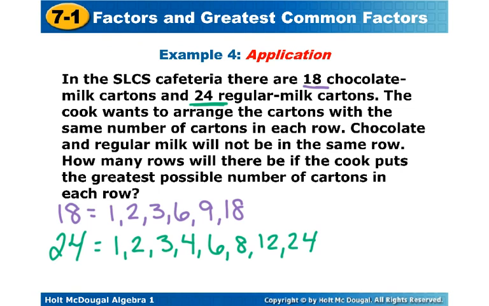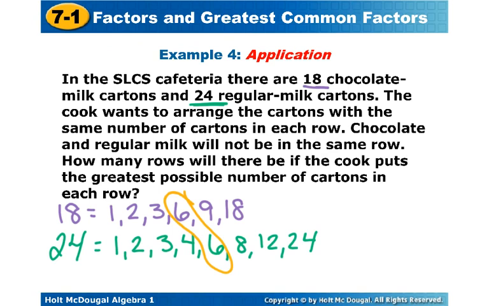So the question now is to find how many rows will there be if the cook puts the greatest possible number of cartons in each row. So that means I need the greatest common factor for my two numbers. If I notice, both of them share a 6. So that's the greatest possible number of cartons that I can put in each row.